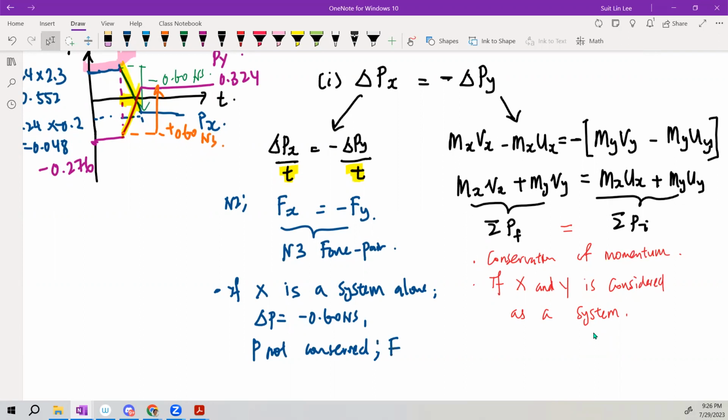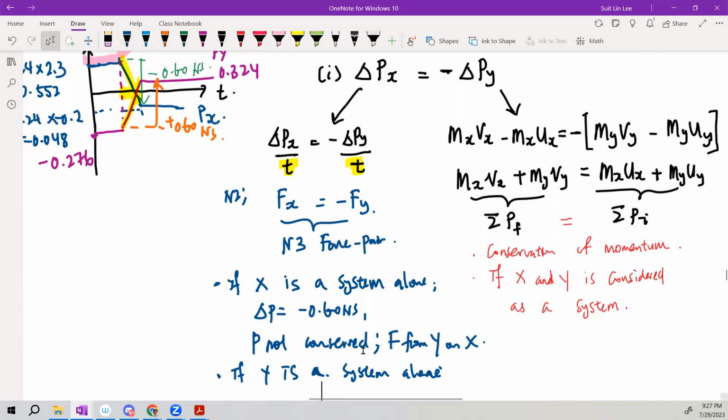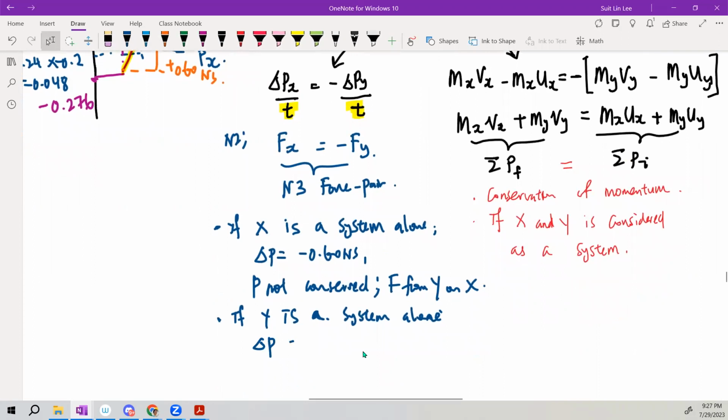Means there is a force from Y on X. And the same thing for Y, if Y is a lone system, the change in momentum is positive 0.6 newton second. P not conserved. There will be a force from X on Y.